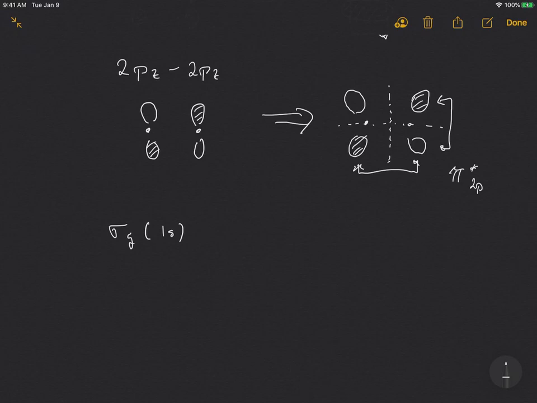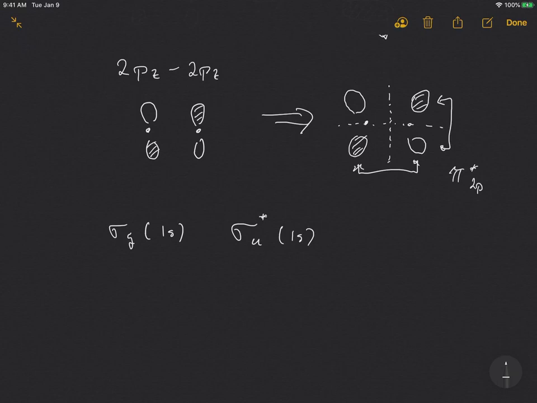That helps to remind us that this is a gerade, or even, type symmetry orbital, and the parentheses tells the atomic orbitals that it's made from, say the 1s. The antibonding orbital is sigma star u for 1s, and you could write it using sigma u star 1s.